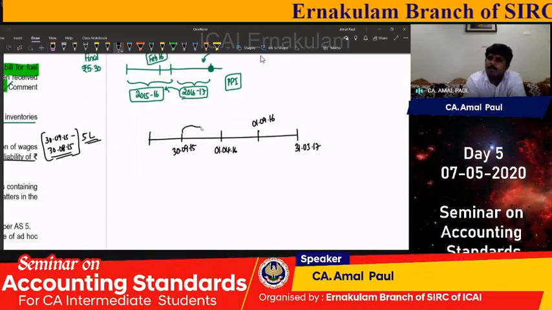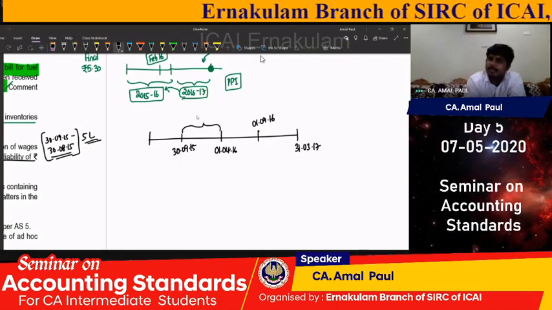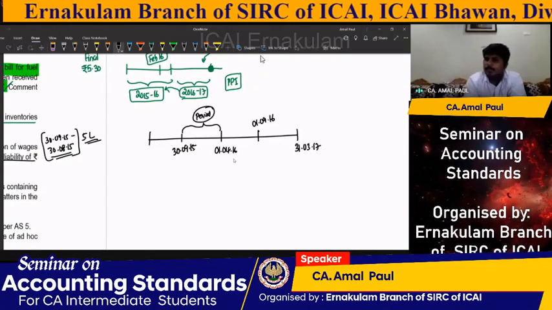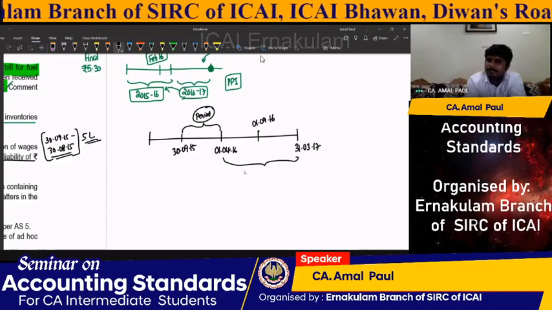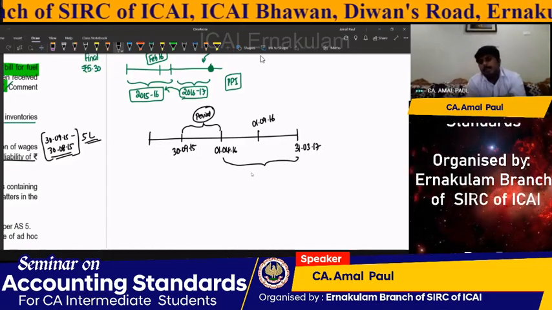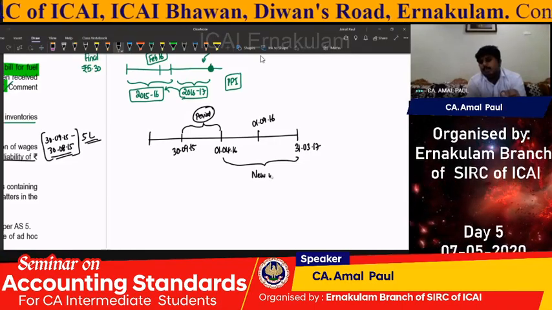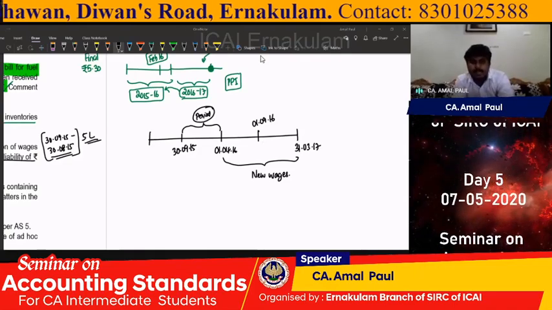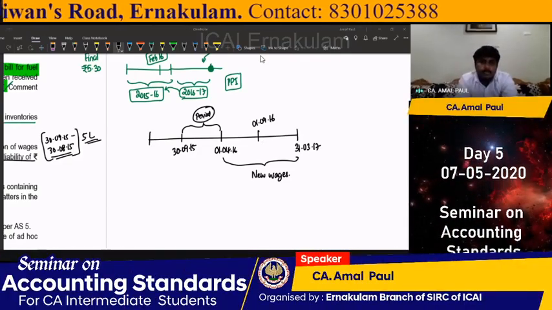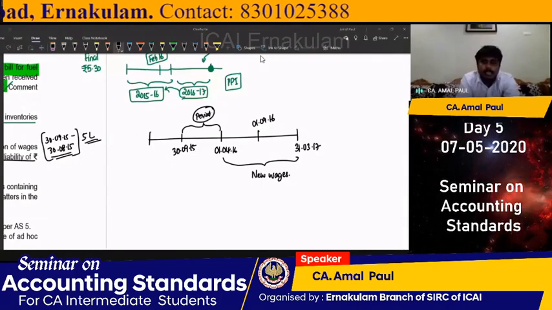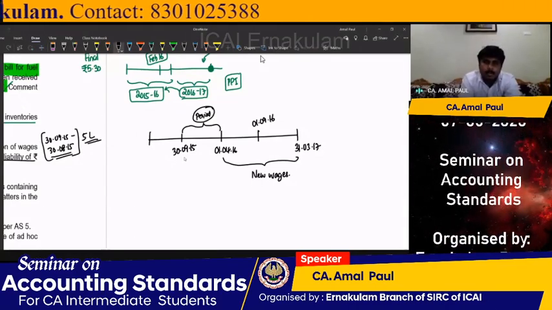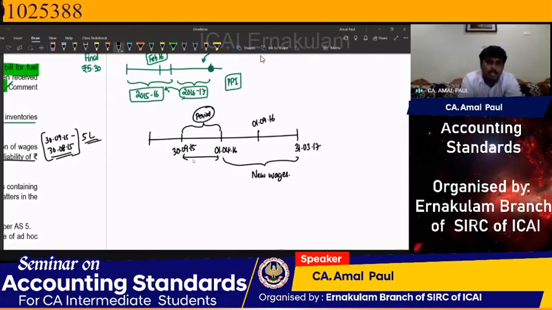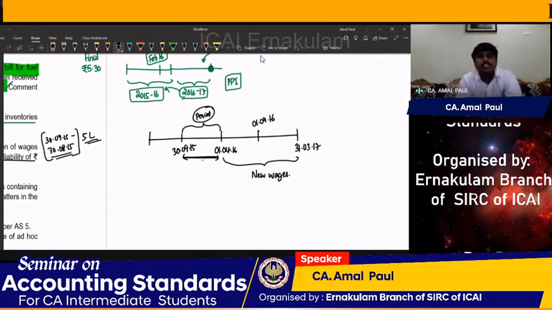So you have to pay an additional amount related to this period, based on the new wages. This is the expenditure for that period, so a different treatment may be required for an amount related to this period alone.